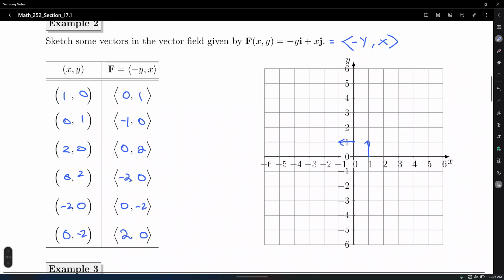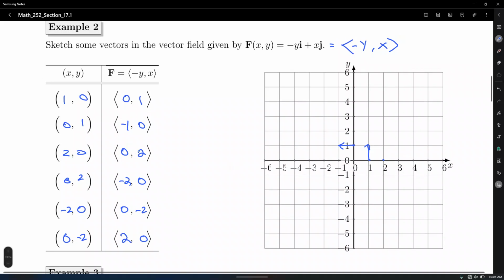What about at the point 2, comma 0? Let me go to the point 2, comma 0, which is this point. What is the related vector? Isn't that 0, 2? That is a vector with magnitude of 2 pointing up. And what about at the point 0, comma 2?